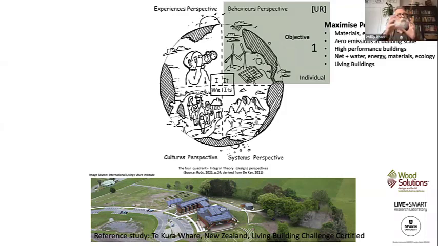It wasn't only this right-hand quadrant that they dealt with, about sustainable design and energy efficiency and the materials, but it was also applying things that address the lower right quadrant of systems perspective.